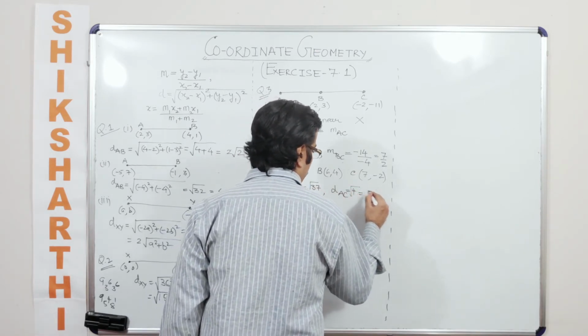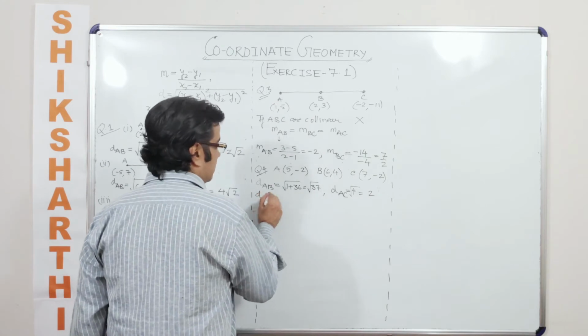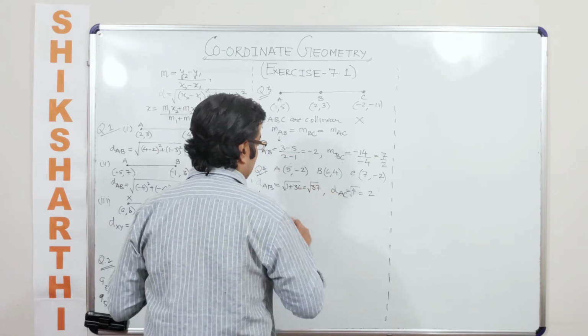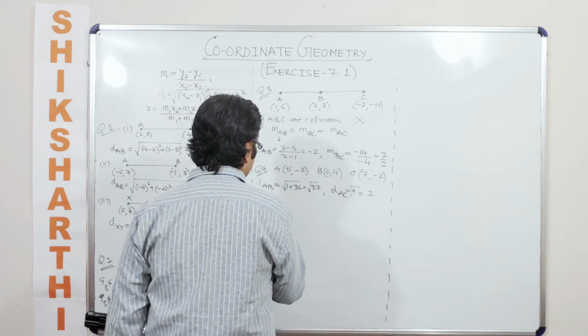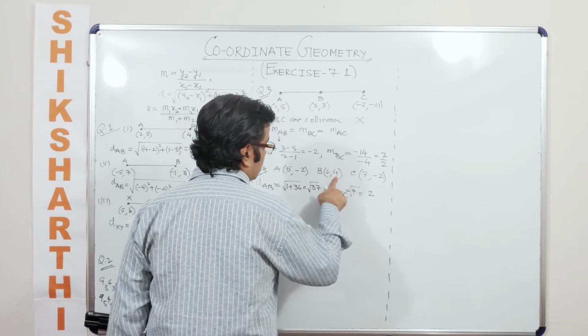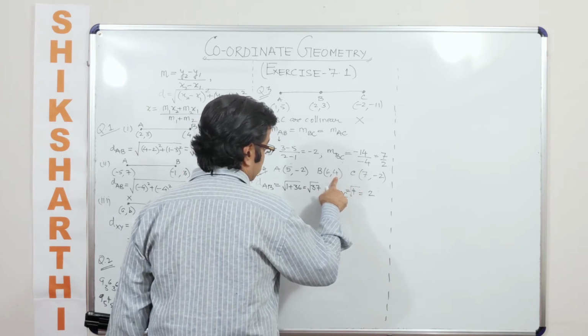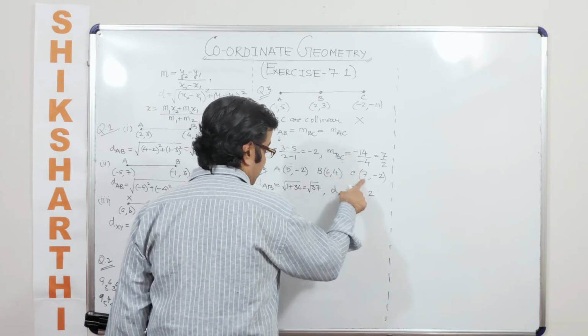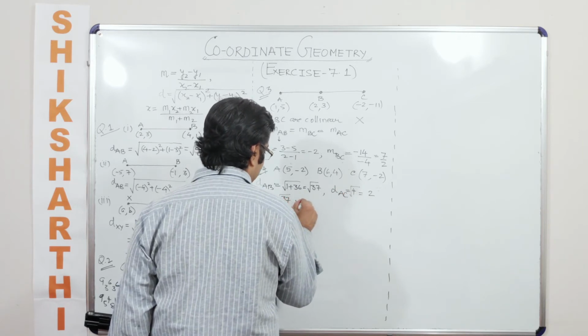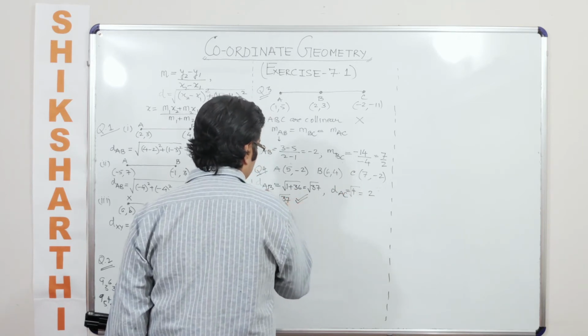So this becomes 2. Similarly, can I find the length of the line segment BC? Yes, I can. And the length of the line segment BC is how much? Minus 2 minus 4, which is minus 6, whole squared, which is 36, plus 7 minus 6, whole squared, which is root 37. Is it an isosceles? Yes. This is using the distance formula.